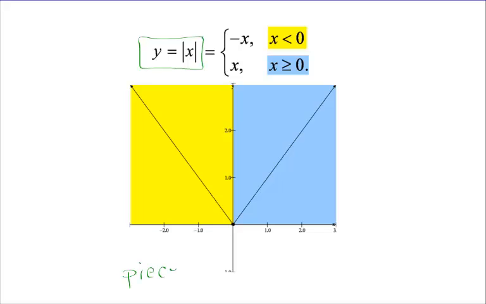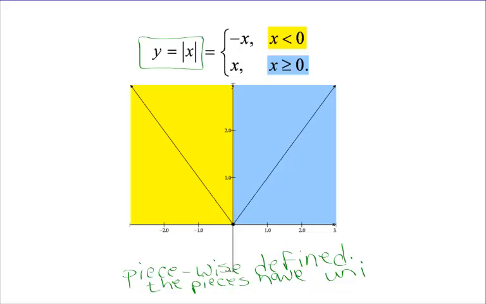Piecewise defined means that the pieces have unique behaviors over a domain set of values.